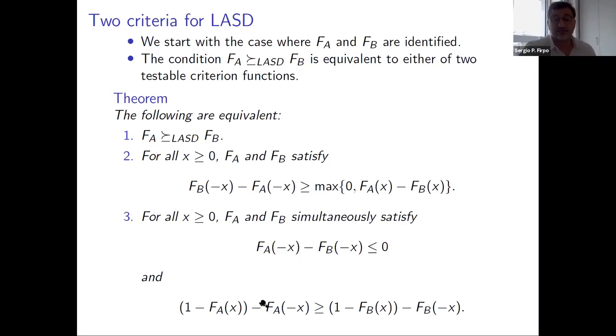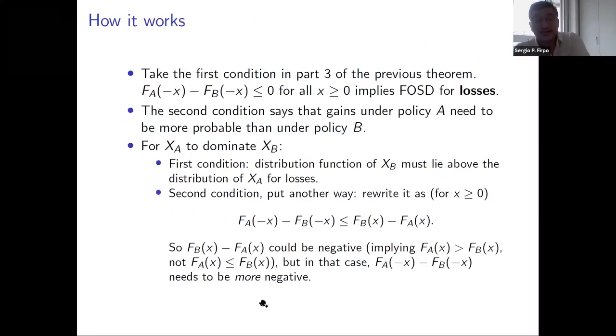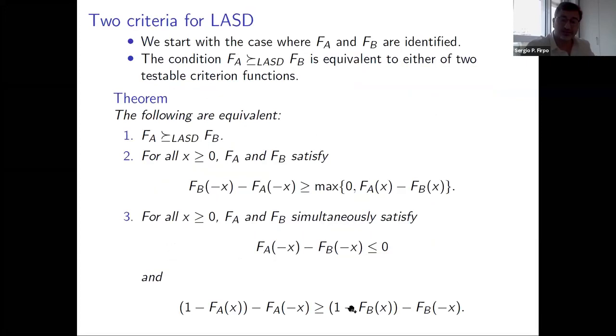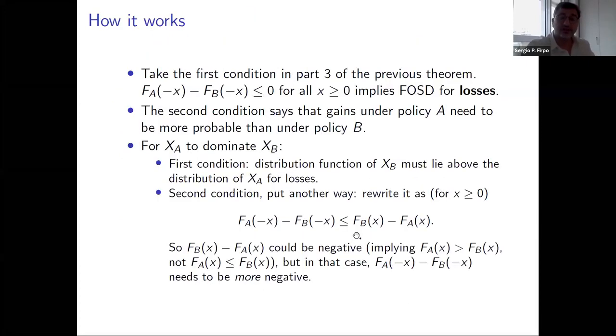The second condition, after rewriting it and putting it together, basically establishes the following. Okay, this has to be smaller than 0, right? But it also has to be, when you come from this part to this, smaller than this. Okay, what does this mean? Well, suppose that this is smaller than 0.